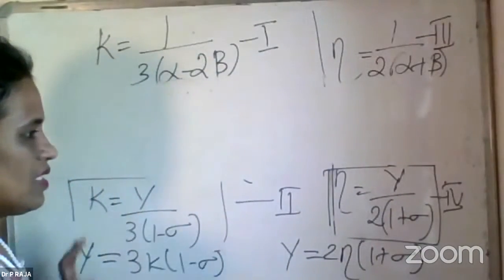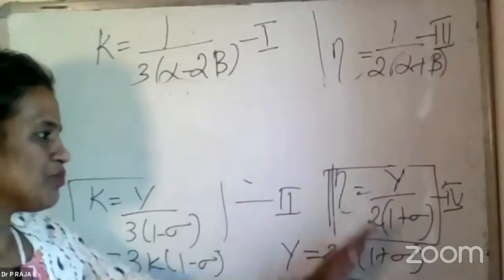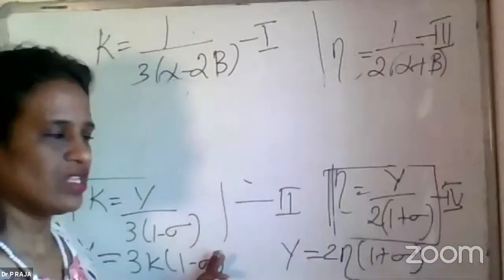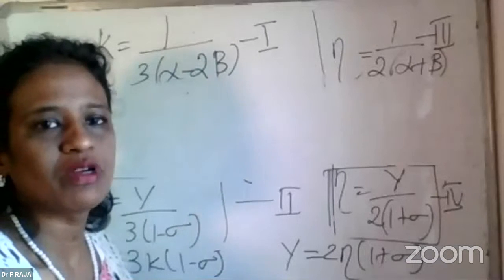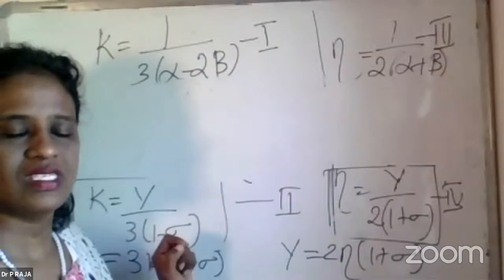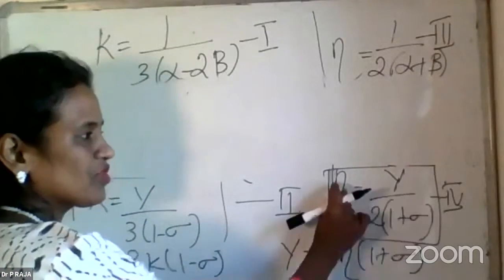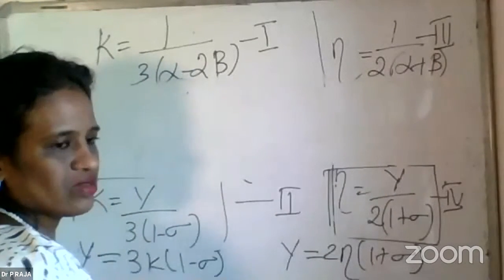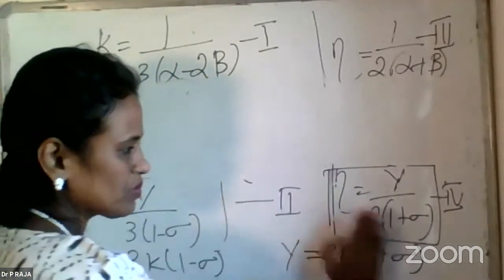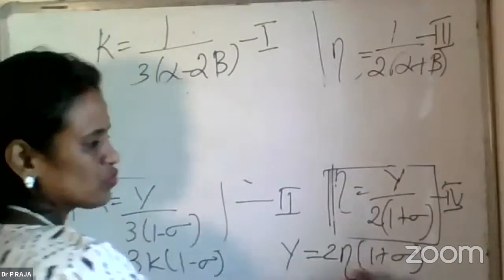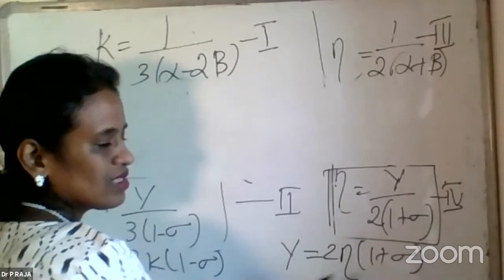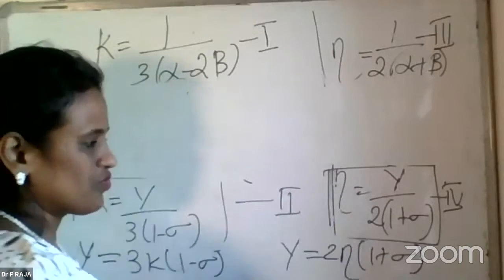This manipulation of these equations is very, very important. From one to another, you should be able to get. These are important for your understanding: how I'm getting from eta to Y, Y to eta. In the multiple choice question, sometimes this type of question may be asked. So you need to be very clear how to get one equation from the other.